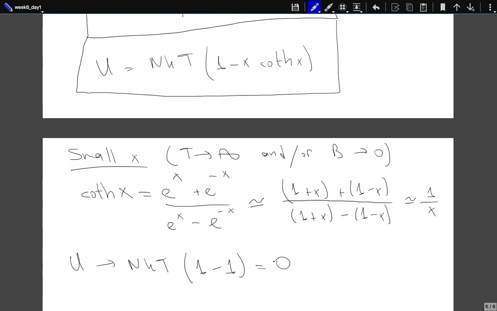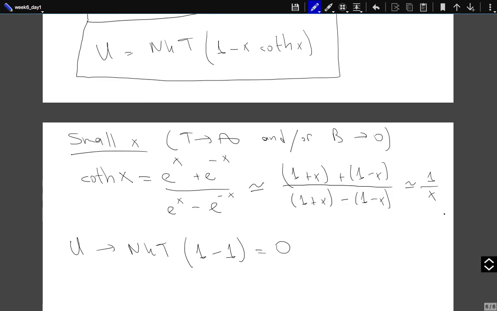So at high temperatures, we expected the energy of my system to be 0. That is, we are on the right track. But obviously, we would like to get how it goes to 0, not just knowing that in the exact limit it is 0. So I need the next term in the expansion of hyperbolic cotangent x. Let's keep the x squared terms: 1 plus x squared over 2 plus 1 minus x squared over 2.